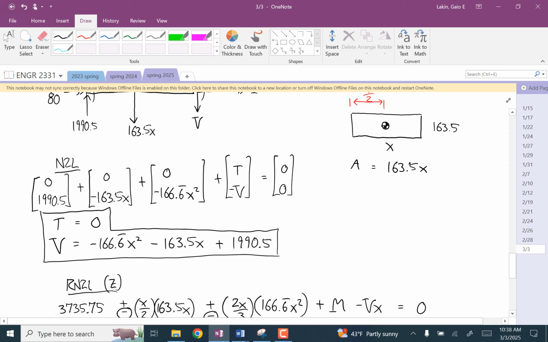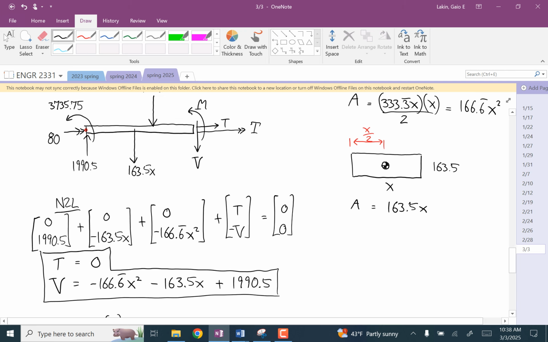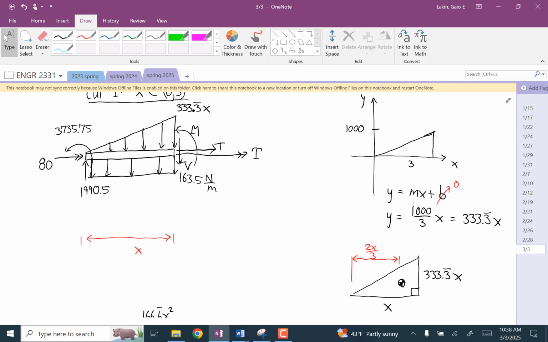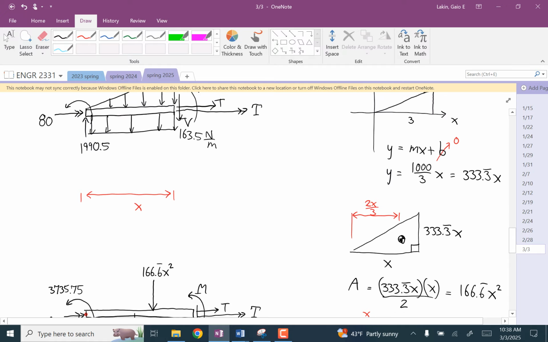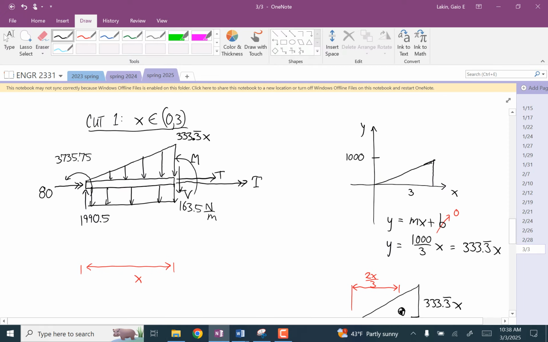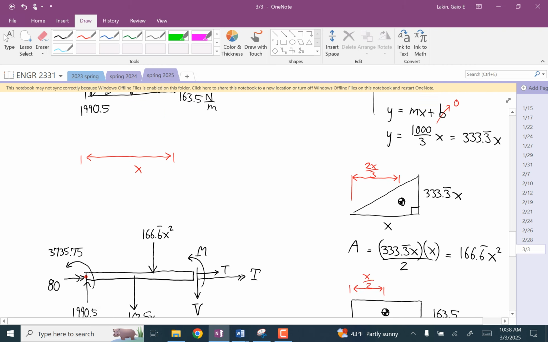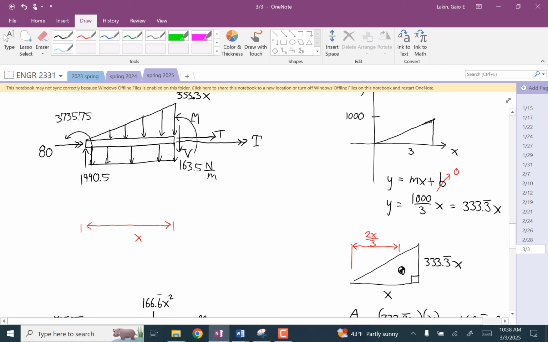In order to check this one, you have to calculate what the distributed load function is. Okay, so what's the downward distributed load function here? The downward distributed load function is the function of that line of the triangle plus the function of the line of the rectangle. Okay, so that is going to be 333.3 repeating x plus 163.5.